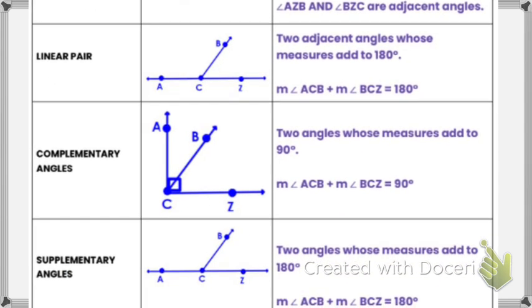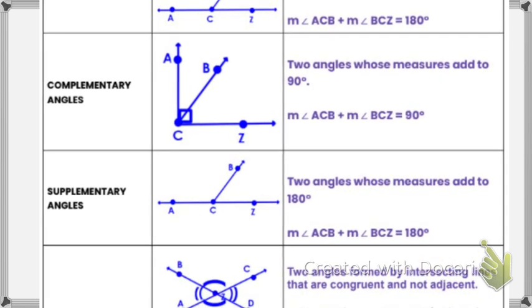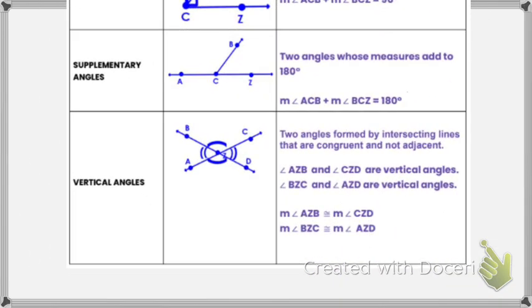Linear pairs, 2 adjacent angles whose measures add up to 180. Complementary, 2 angles whose measures add up to 90. We have supplementary, 2 angles whose measures add up to 180. And vertical, 2 angles formed by intersecting lines that are congruent and non-adjacent. It looks like this.